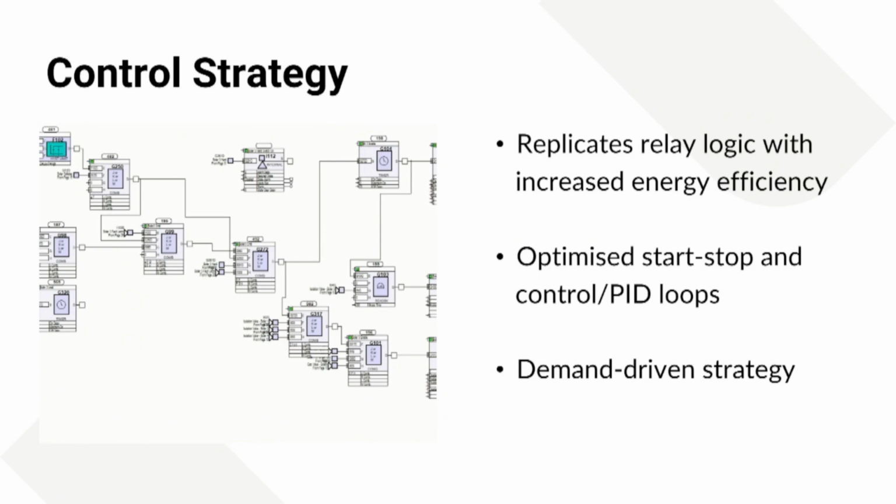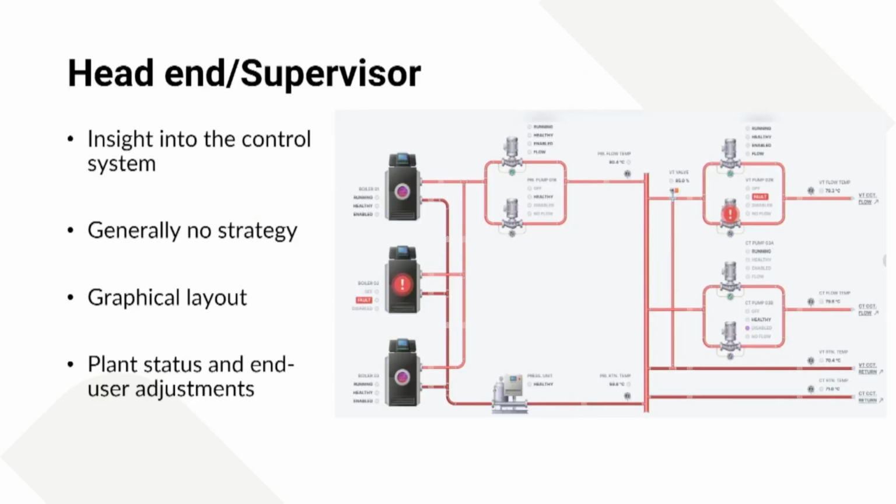So within the controller, you have the control strategy. This replicates the relay logic with increased energy efficiency. It utilises optimised start and stop modules, as well as control loops or PID loops. The strategy can also be engineered to be a demand-driven approach, which ensures optimal energy efficiency.